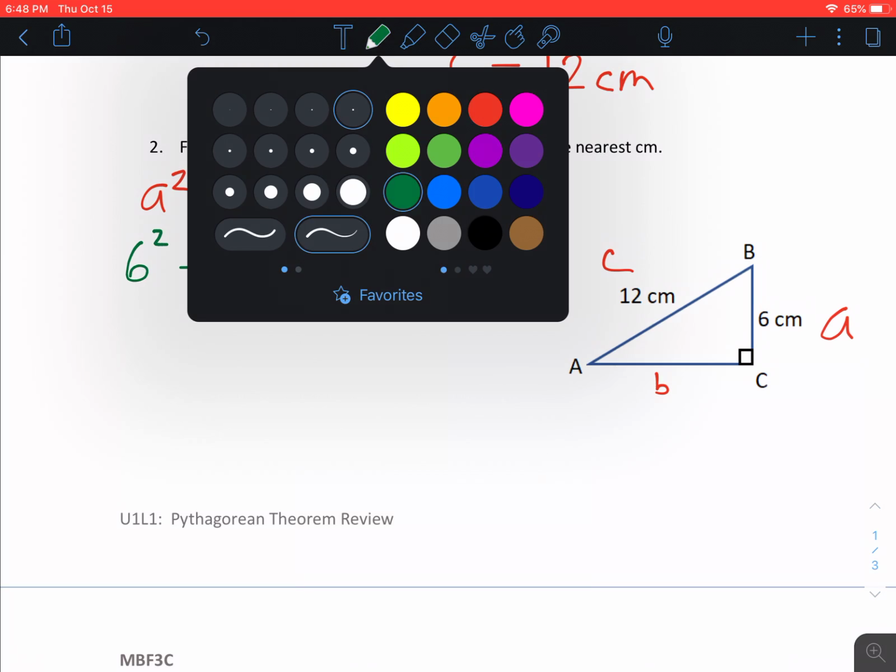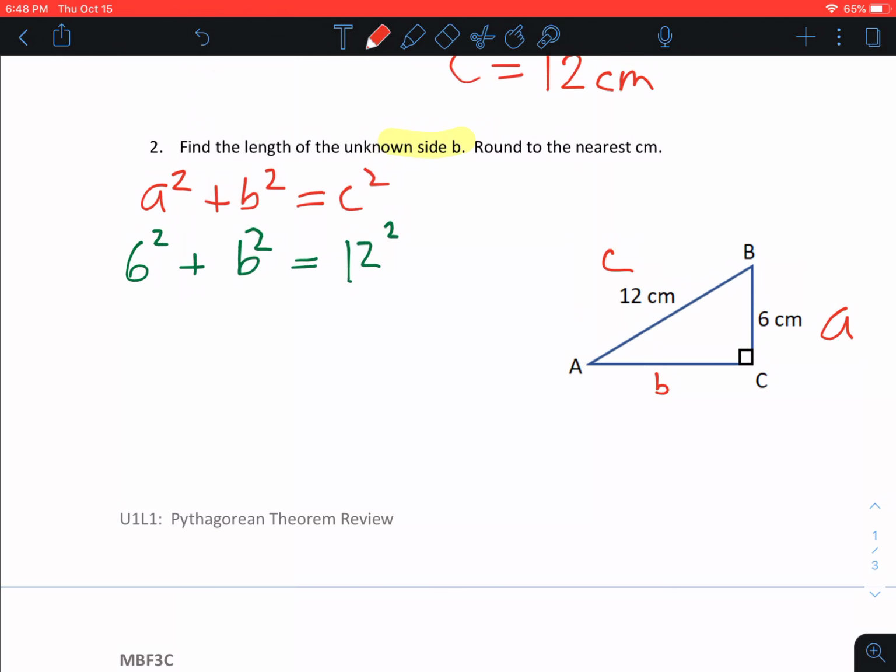Now in this question, we have two terms on this left side, and I want to get this B squared by itself. So that means I'm going to have to get rid of this 6 squared term somehow so that I can have B squared by itself.